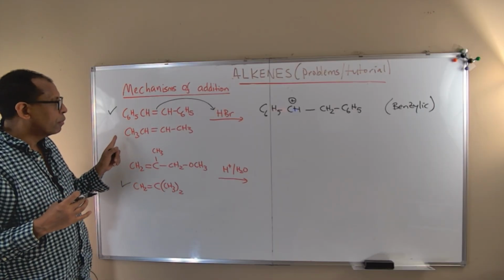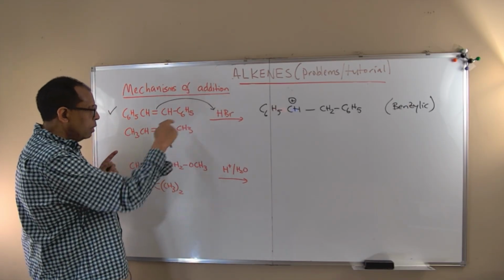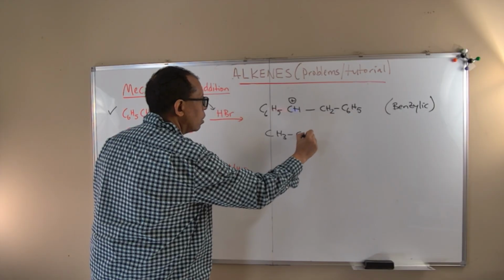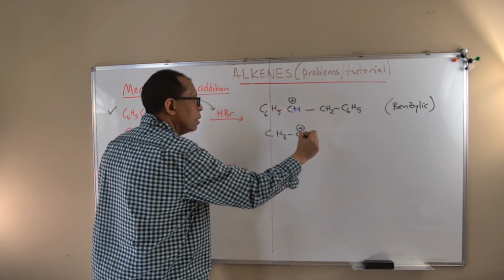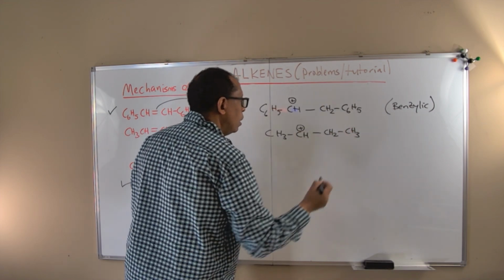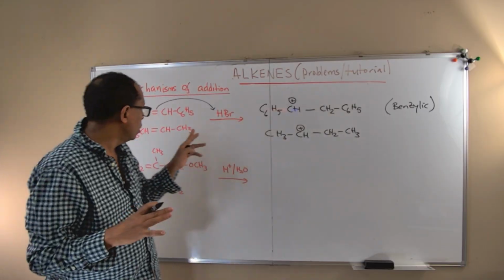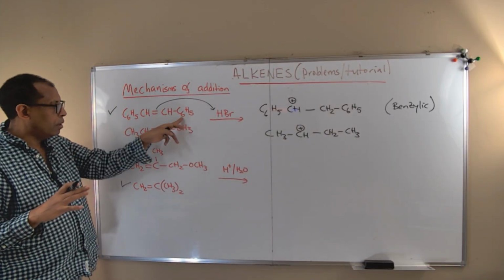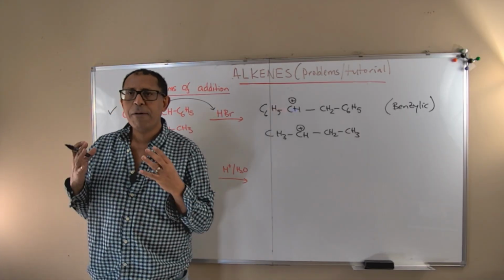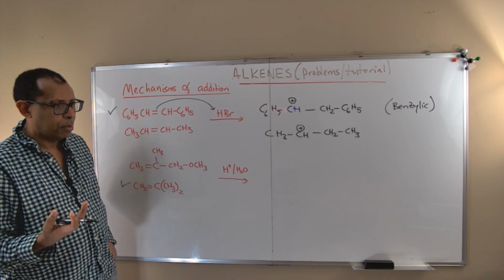So let me do this one as well. The initial step would be just abstraction of a proton, which leaves CH3, CH plus, and CH2, CH3. So the comparison is that they are both disubstituted alkenes, diphenyl and dimethyl, but the diphenyl goes at a faster rate. So the question is why this happens.